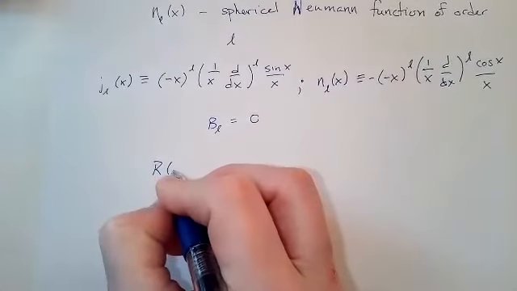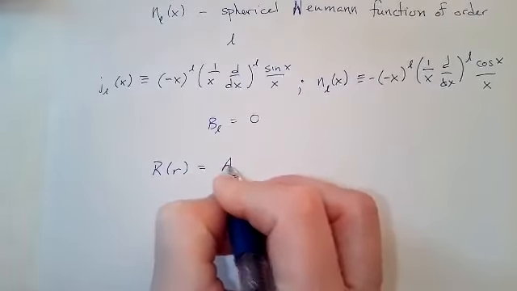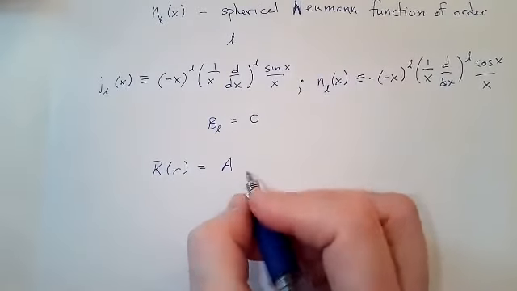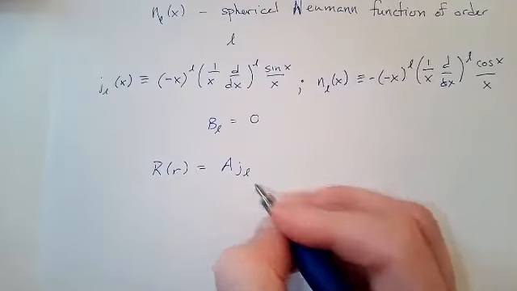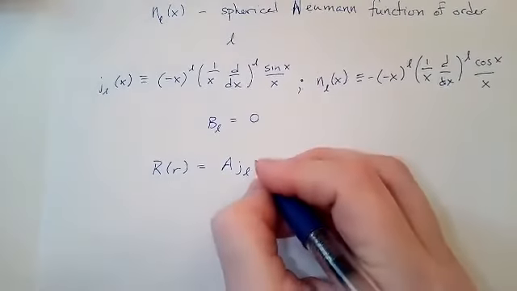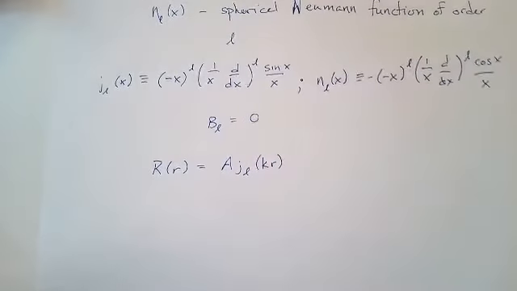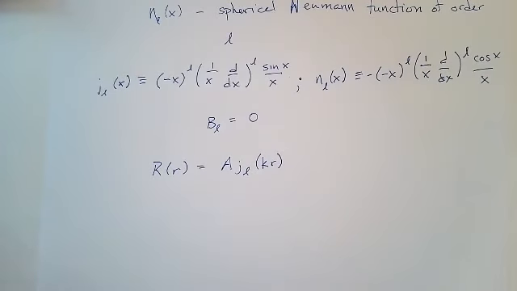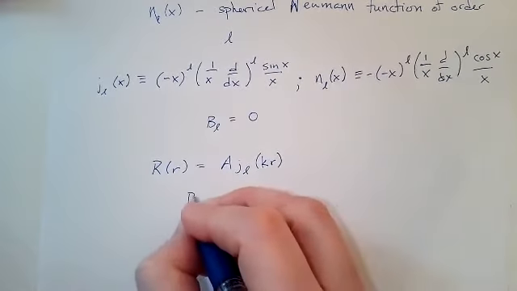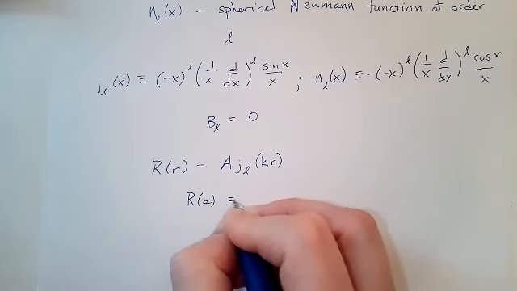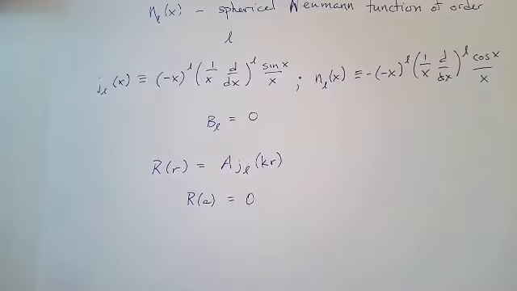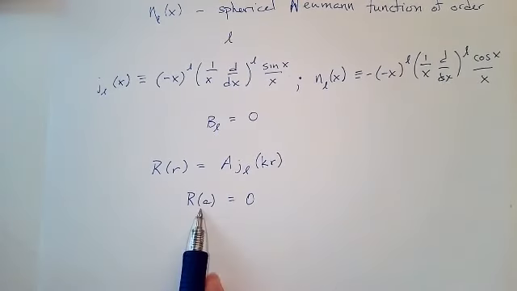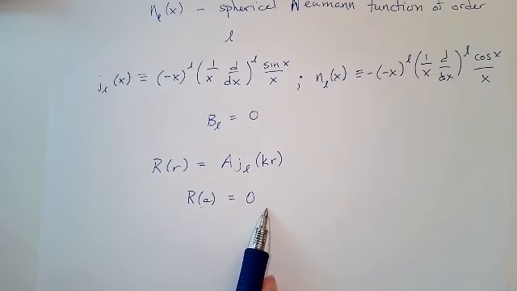So our radial function, a function of r, is simply whatever our normalization constant is, times our Bessel functions, where the argument of those Bessel functions is kr. Right? So there remains a boundary condition that our wave function needs to be continuous.